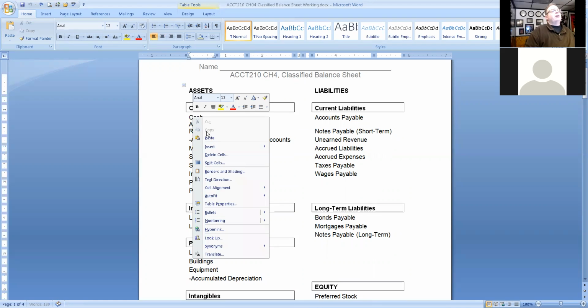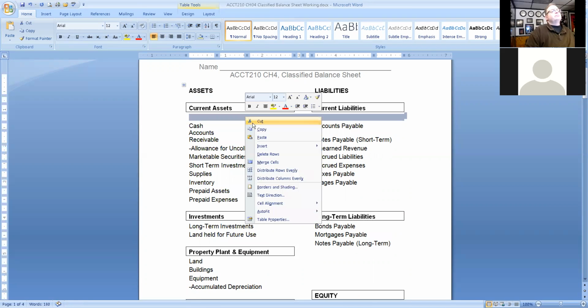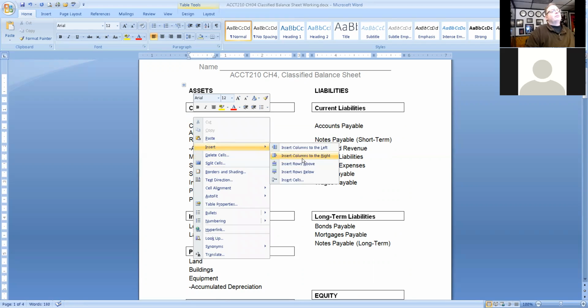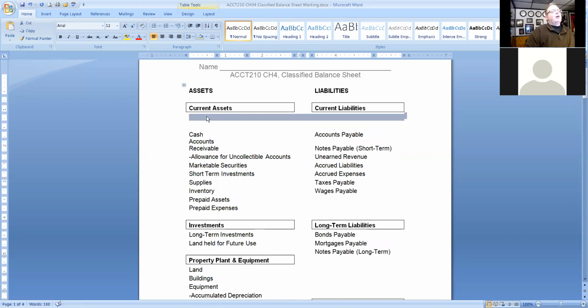I think I insert a row above. Okay, so current assets. I don't know.